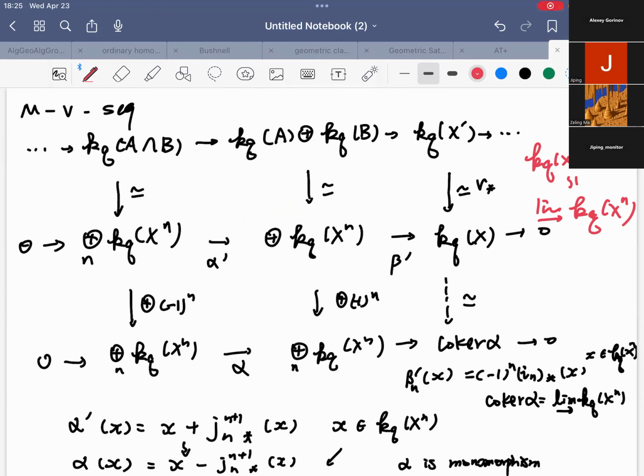Which one is exact? Well, the direct limit functor is exact on basically abelian groups, and on more or less any category which has a forgetful functor into abelian groups, but not all categories, more or less all.